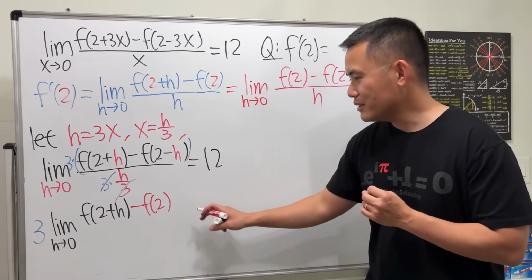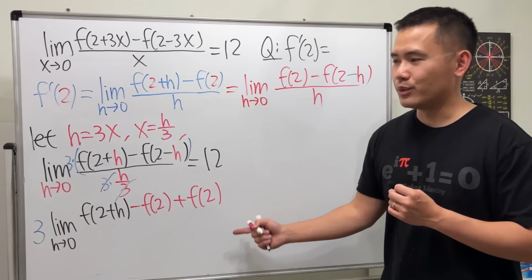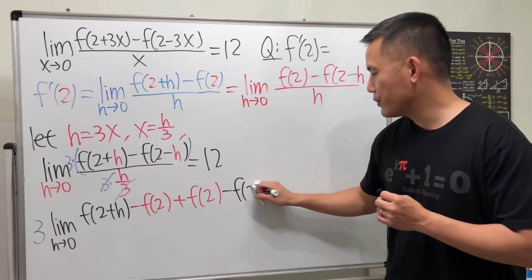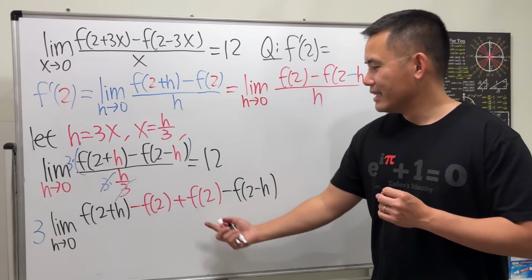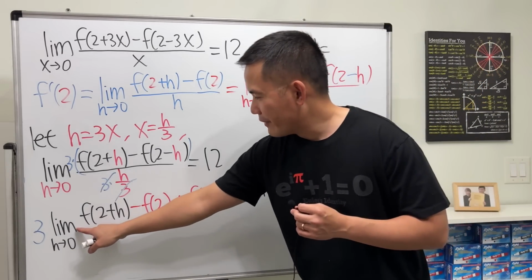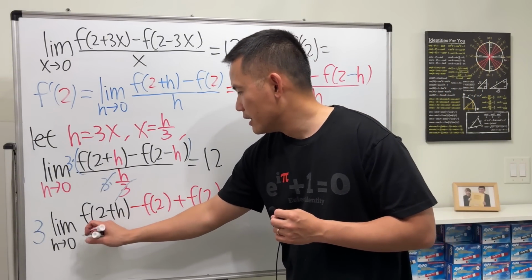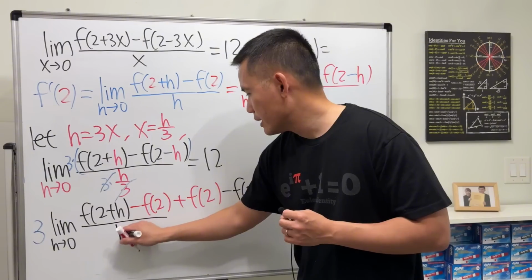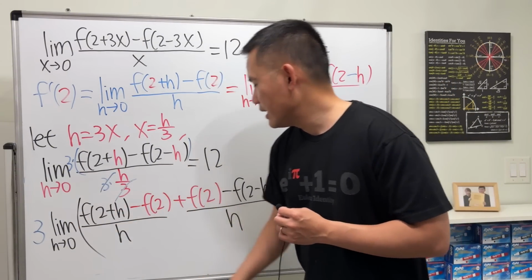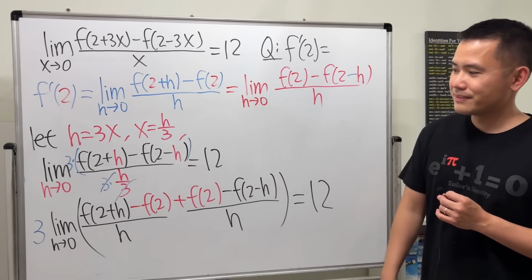Kind of, as long as you add f of 2 afterward. So that's just adding 0. And this is good, because next we have the minus f of 2 minus h. This right here will be helping us for that. Perfect, right? Now, everybody is divided by h. We can separate it. This right here divided by h, and then this right here divided by h, all together like this, and that is equal to 12. How's that? Pretty good, huh?